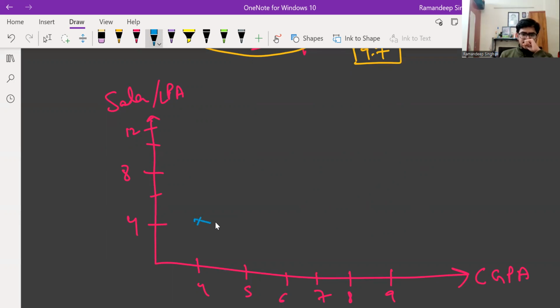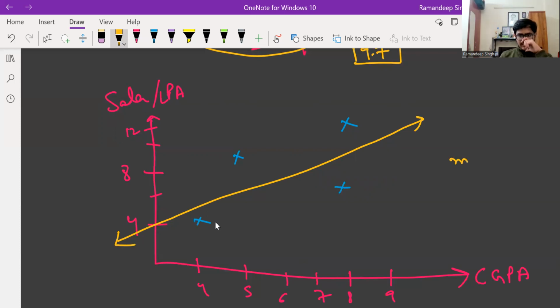Suppose we have a point, this, this, this, and we draw this line based on some values of m and c. In future we will see how these values are calculated.